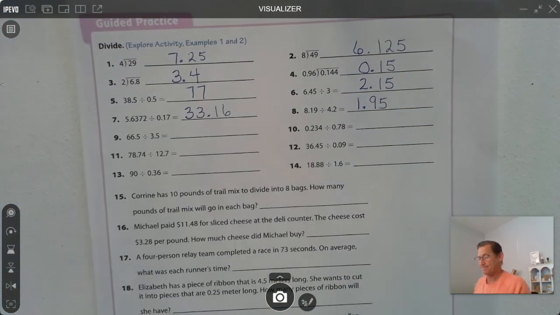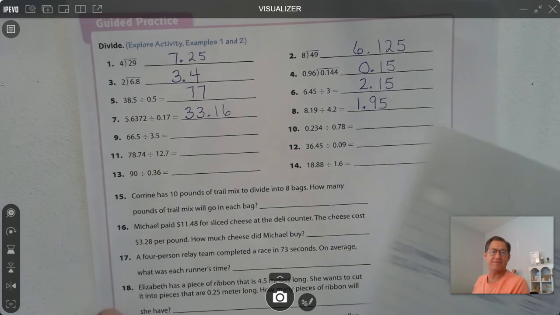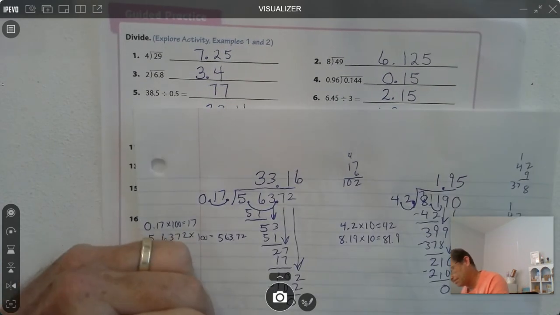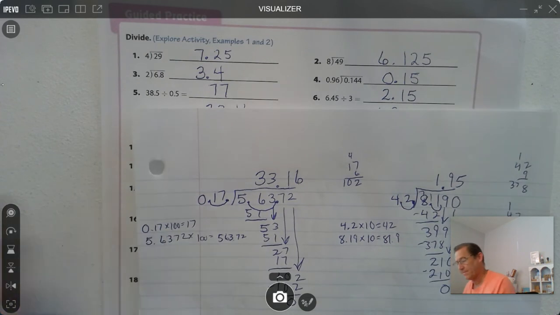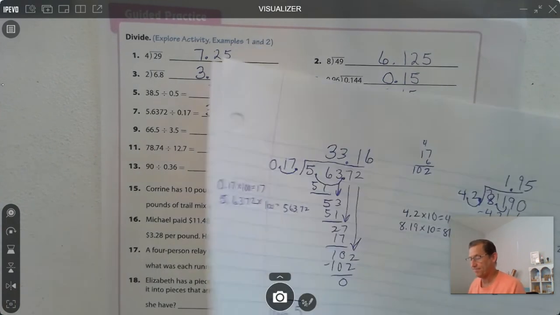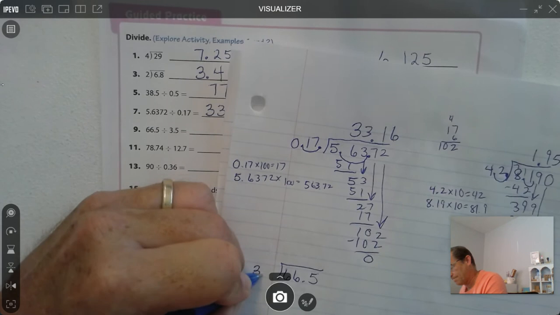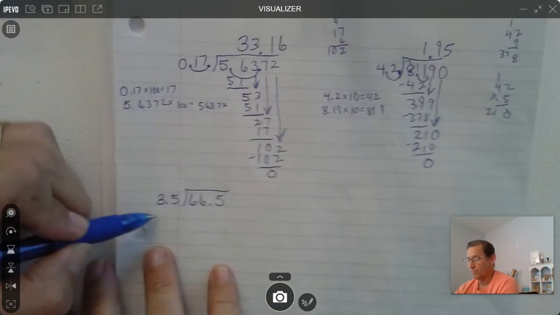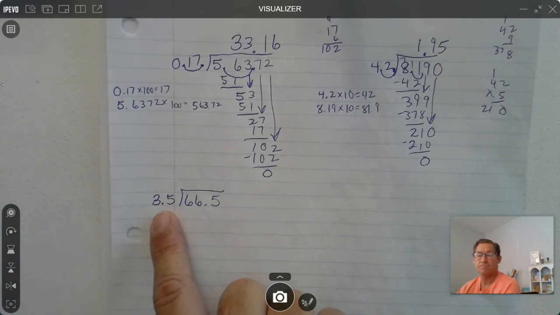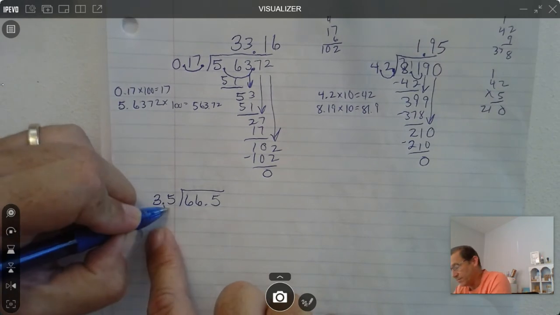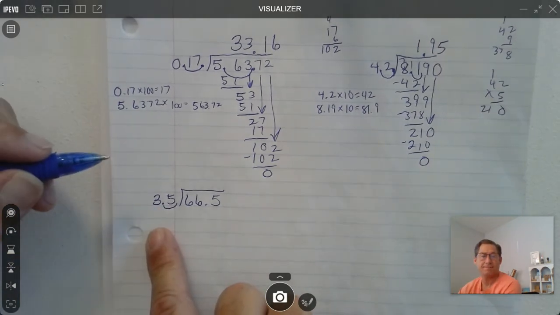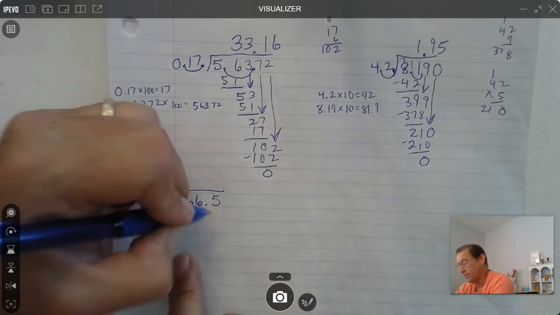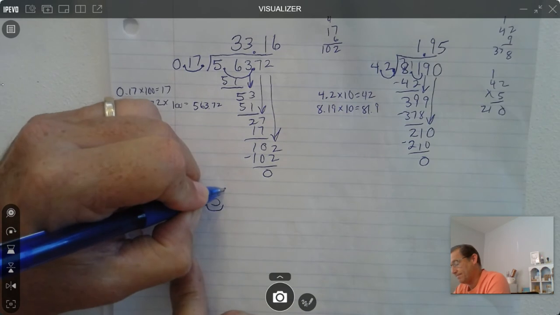Okay, number 9, 66 and 5 tenths divided by 3 and 5 tenths. Okay, so if we multiply 3 and 5 tenths by 10, we'd move the decimal point 1 place to the right. If we multiply 66 and 5 tenths by 10, we'd move it 1 place to the right.